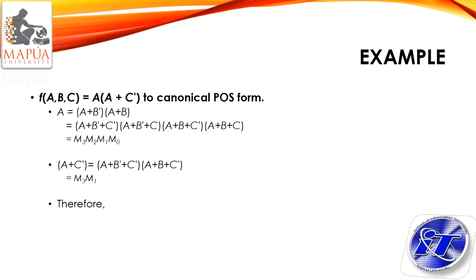So the answer will be the product of max terms 0, 1, 2, 3. Again, even though we have 2M3, 2M1, it will be considered as 1M3 and 1M1. So that's why we only have 4 values here. Product of max terms 0, 1, 2, 3. So that will be our answer.